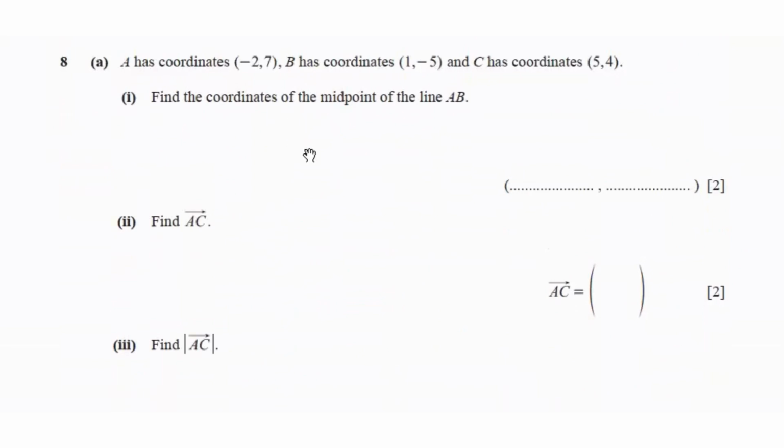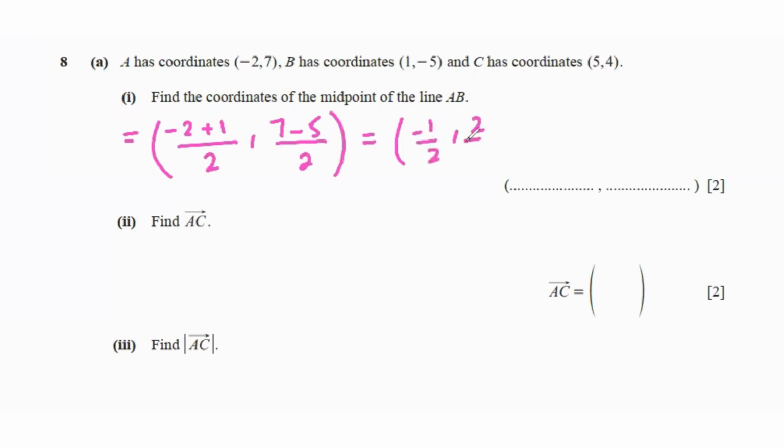Question 8 says A has coordinates -2, 7, B has coordinates 1, -5, C has coordinates 5, 4. Find the coordinates of the midpoint of the line AB. That's going to be -2 plus 1 over 2, 7 minus 5 over 2, which is going to be -1 over 2 and 2 over 2, which is -1 over 2 and 1.